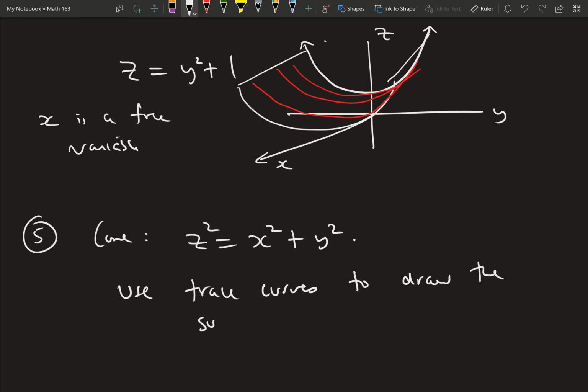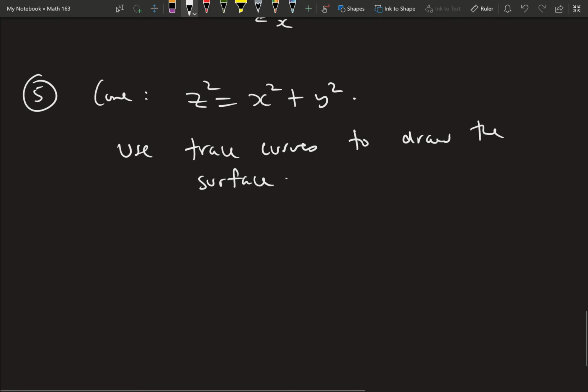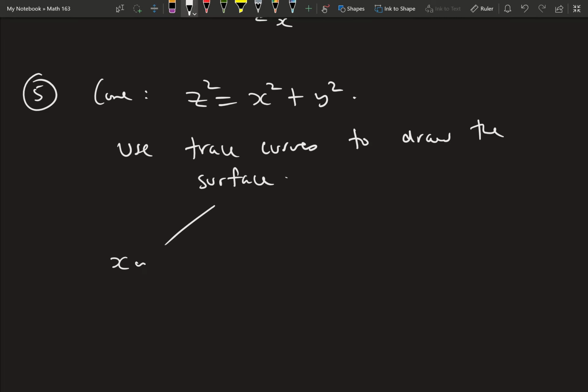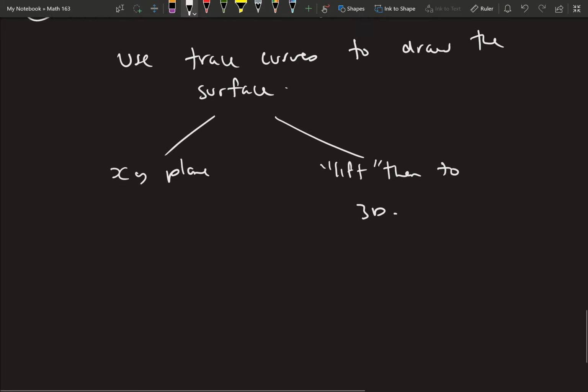And we're going to do these trace curves in two ways. First, we're going to draw all the trace curves just in the xy plane. Once we draw them all in the xy plane, I'm going to, in a way, lift them to the 3D space. And then we'll be able to see what really is going on.